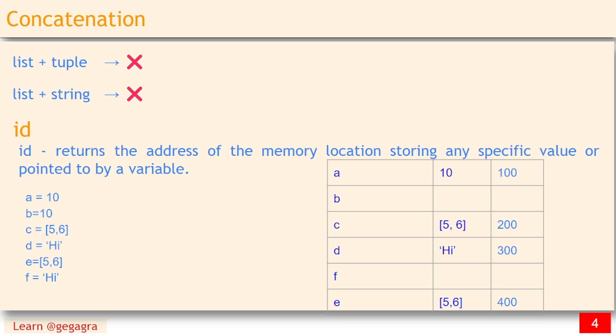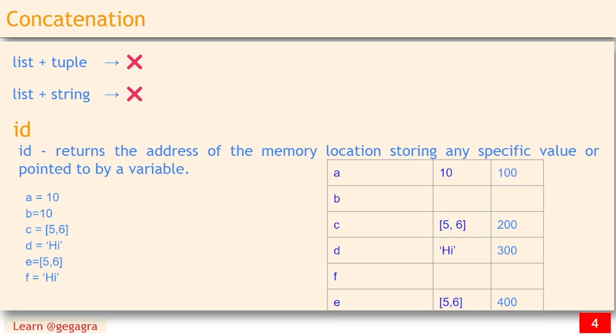So these memory locations are assumed; this is not basically real. We can check these memory locations in the practical. But here, a and b will be pointed to by the address 100, and c and e will be pointed to by memory addresses 200 and 400. As far as d and f are concerned, "hi" is again an immutable string, so the memory location can be the same, like a and b.